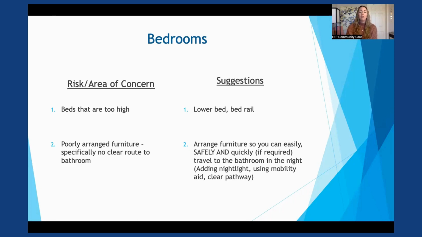Make sure that if you use a mobility device, it's nice and close to your bedside so that you can grab it right away before you get out of bed, so you're not stumbling around in the night trying to look for your walker or cane. And make sure before you go to bed that you have a clear pathway to the bathroom. If there are any clothes on the floor or anything like that, pick those up before you get into bed for the night.